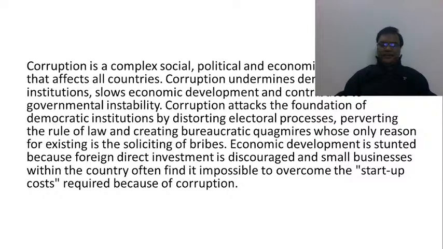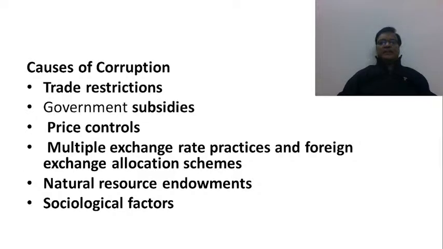So now, proceeding further, let us see why this kind of corruption is taking place. As we study corruption, we say it is systemic and systematic in nature. What do we mean by that?